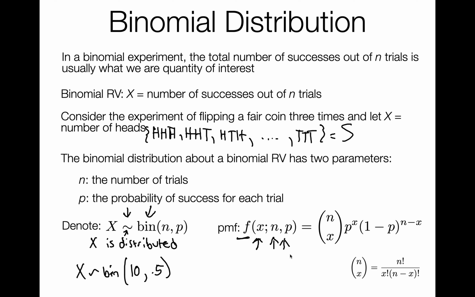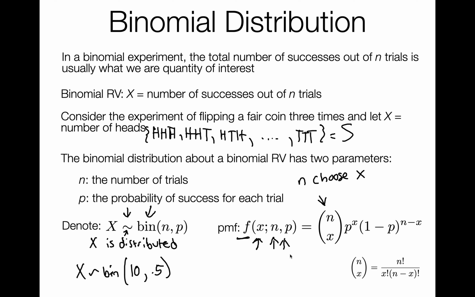How you would read this, because you have not seen it before, this thing here is read as n choose x. It's probably been a while, but you've probably heard of permutations and combinations. It's in this book, and we skipped over that section because we don't really need it too much.